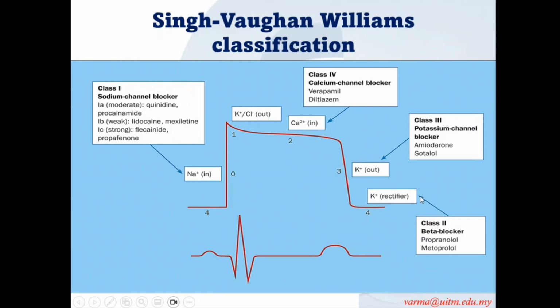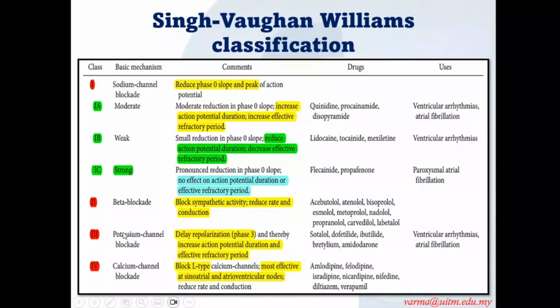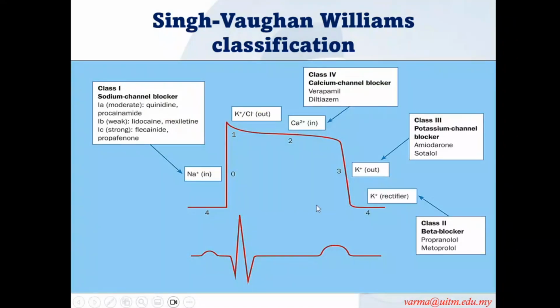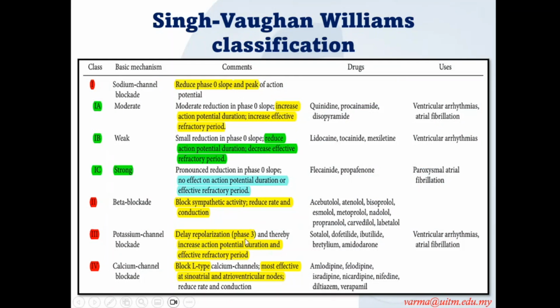They prevent the next action potential from coming in, so they reduce the conduction system. Okay, next, potassium channel blockade acts at the repolarization phase. So they delay the repolarization phase and lengthen the refractory period. They make the repolarization longer, so the next action potential cannot come in.